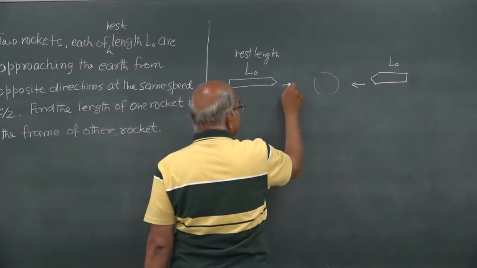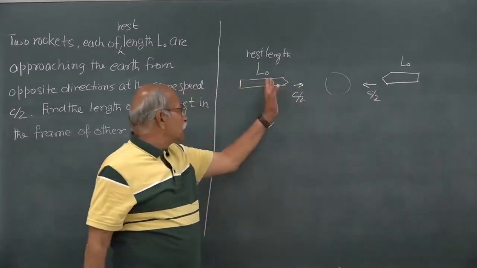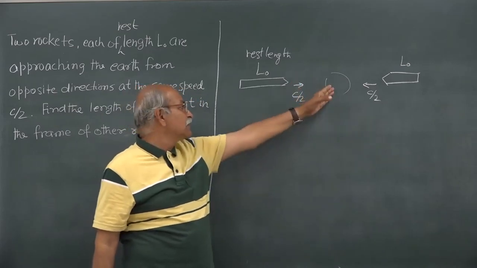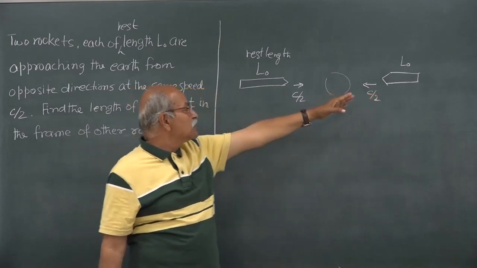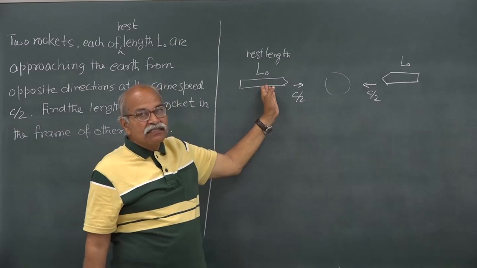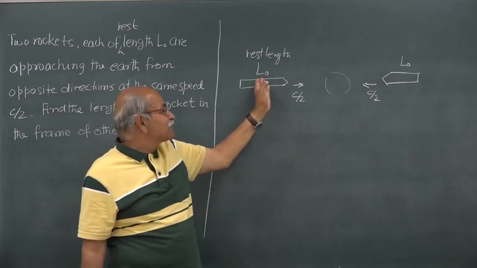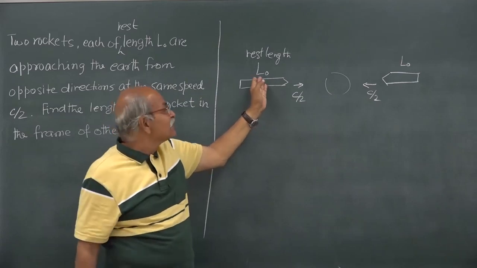So, this is at speed c by 2 and this is c by 2. So, they are approaching the earth at the speed c by 2. So, in earth frame this is c by 2, in earth frame this is c by 2. The question is, what is the length of this rocket as seen or as measured or as observed in this frame? And remember, seen is not seeing with the eyes.